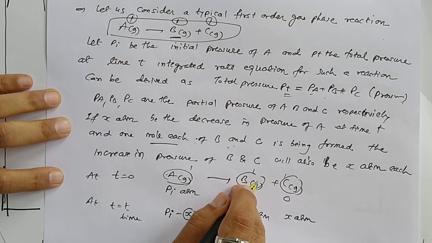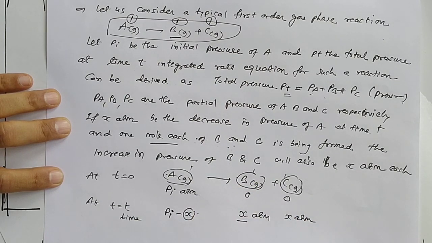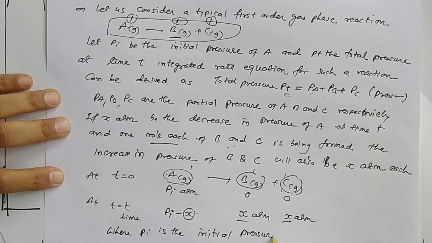If there are 2B, then it will be 2X. If C is 3, then it will be 3X, but here it is 1 mole, so there will be X. Where Pi is the initial pressure at time t equal to 0.